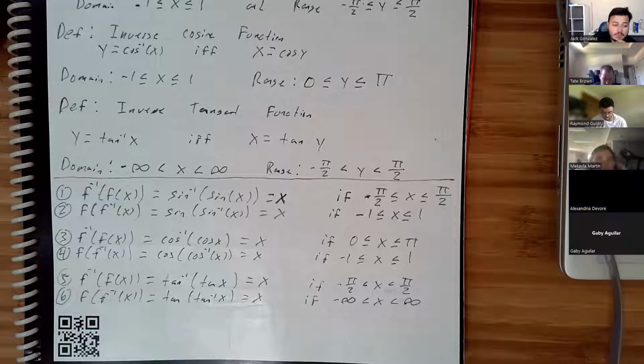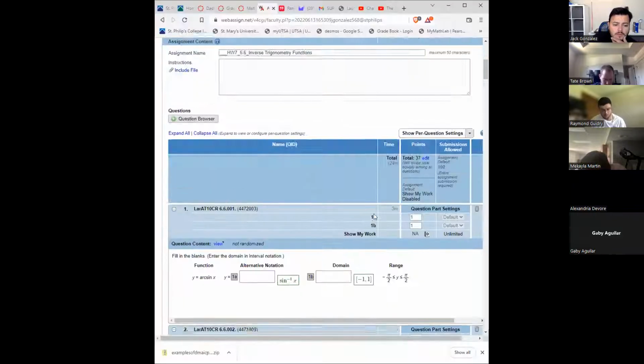So that is 6.6. Oh, there it is. Getting it. You guys see the homework?